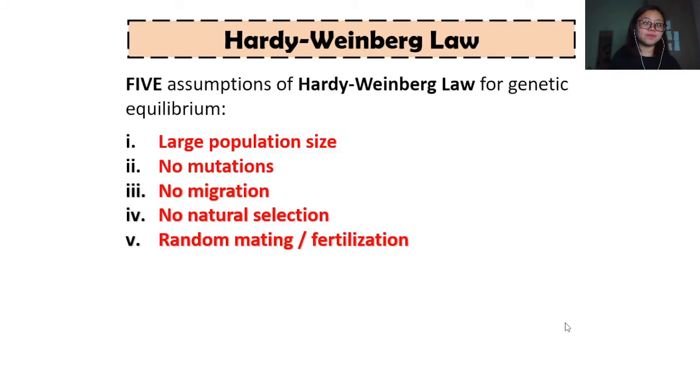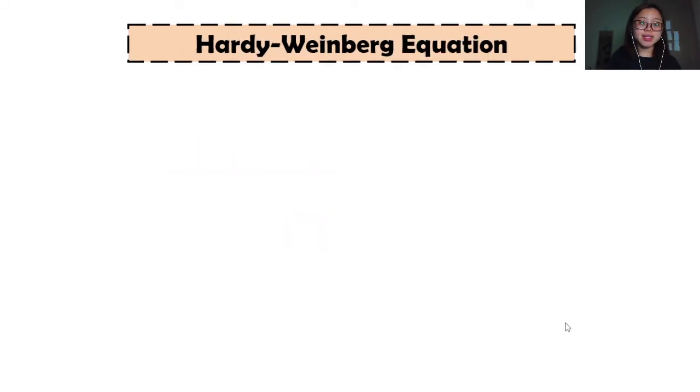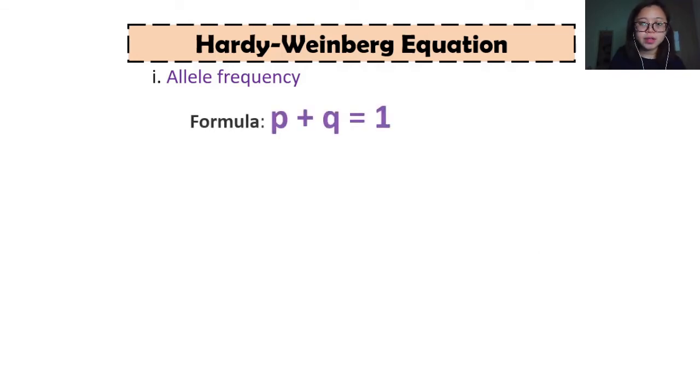Okay, so this Hardy-Weinberg Law will bring us to the Hardy-Weinberg equation. Ini yang paling penting dalam chapter ni. Paling penting dalam chapter ni adalah kamu patut ingat dan pandai guna Hardy-Weinberg equation, which has 2 parts. The first part of the Hardy-Weinberg equation is the allele frequency equation. Allele frequency equation is P plus Q equals 1.